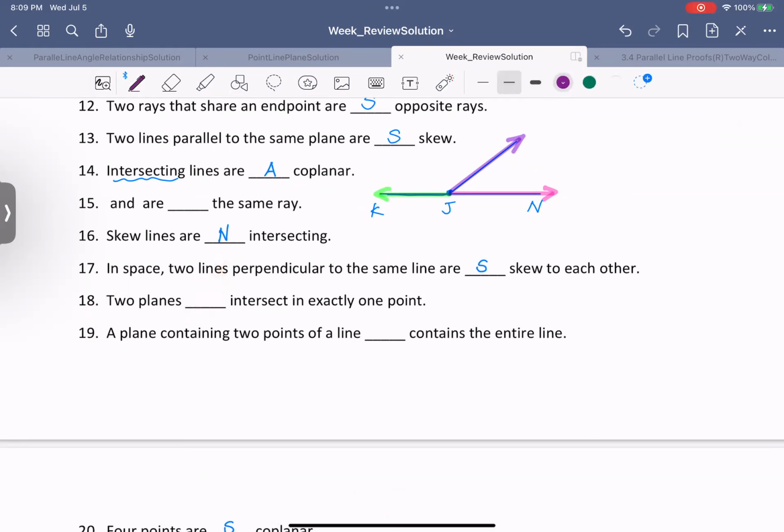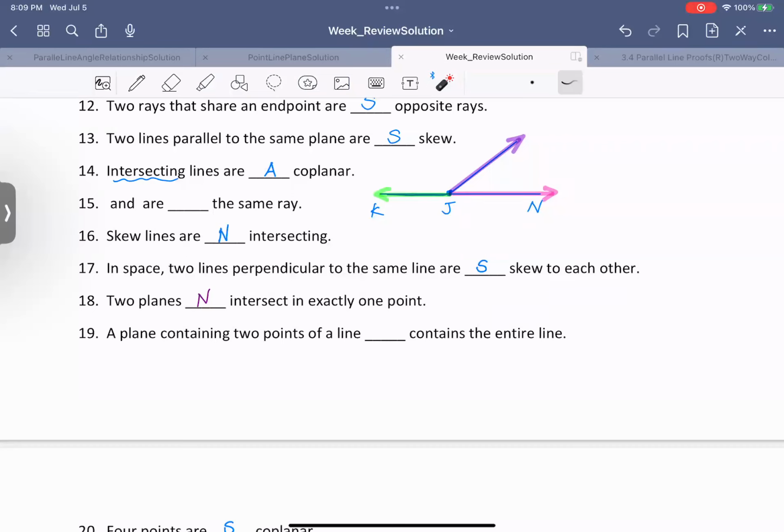Thank you. How about the next one? A plane containing 2 points of a line contains the entire line. Do your finger with a pencil and answer this question correctly. Sometimes. Okay.